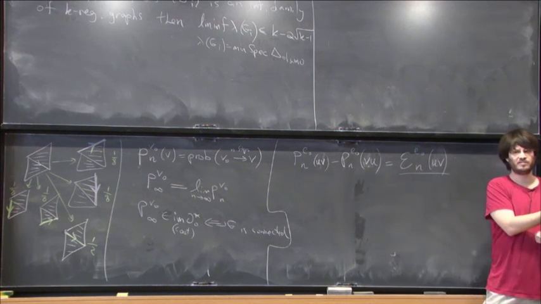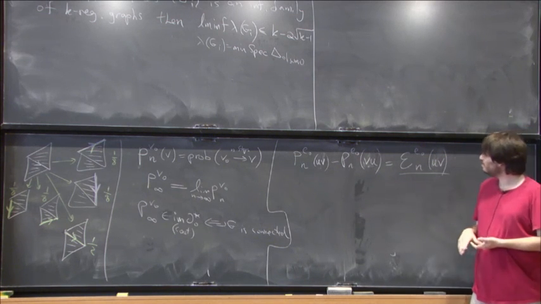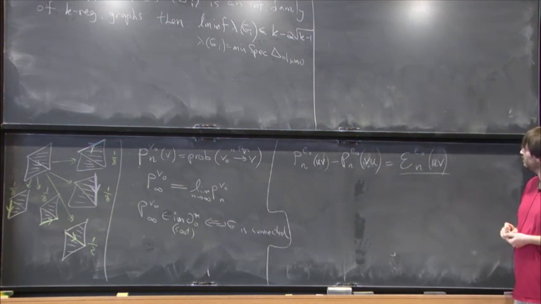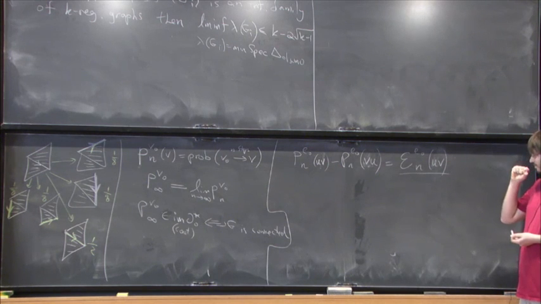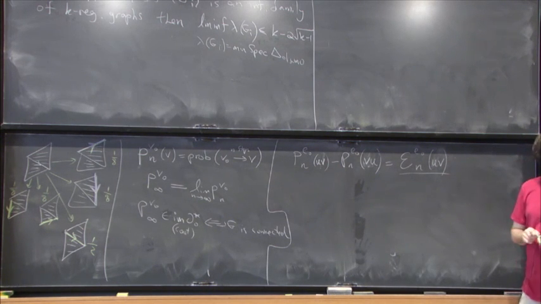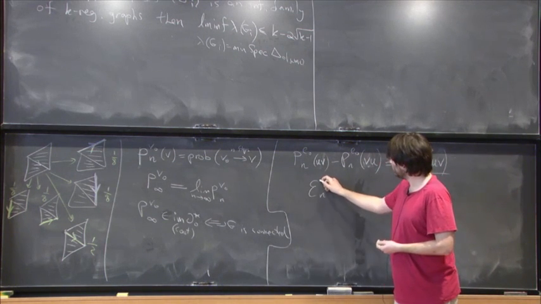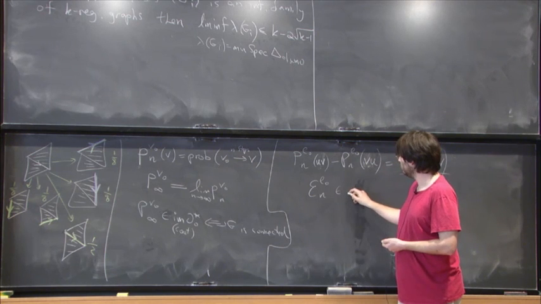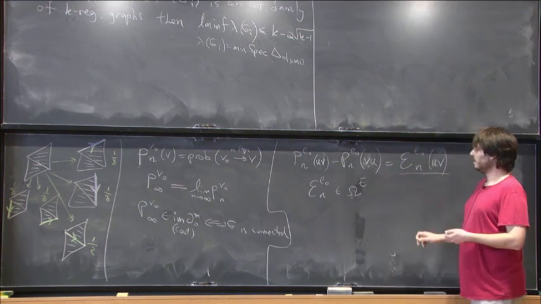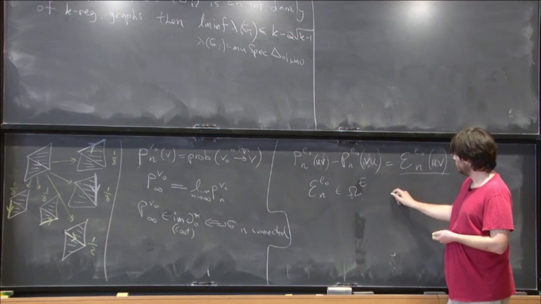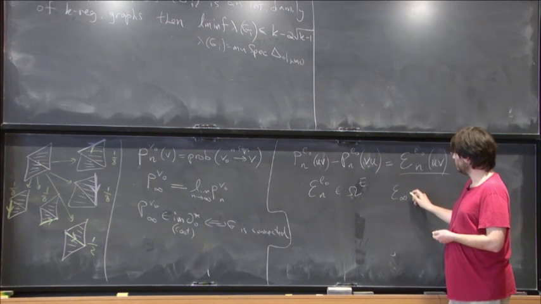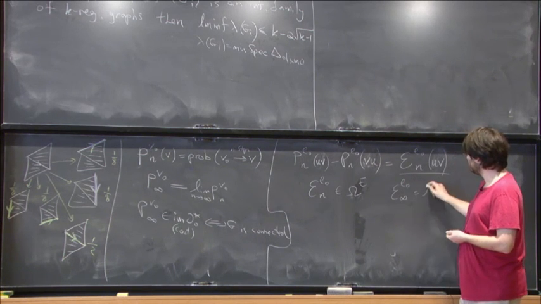You have some probability of reaching here, and minus the other direction. This is a flow, yes. So the expectation at time n starting from some e0 is a flow on the graph. And I can look at the expectation at time infinity, which is the limit.